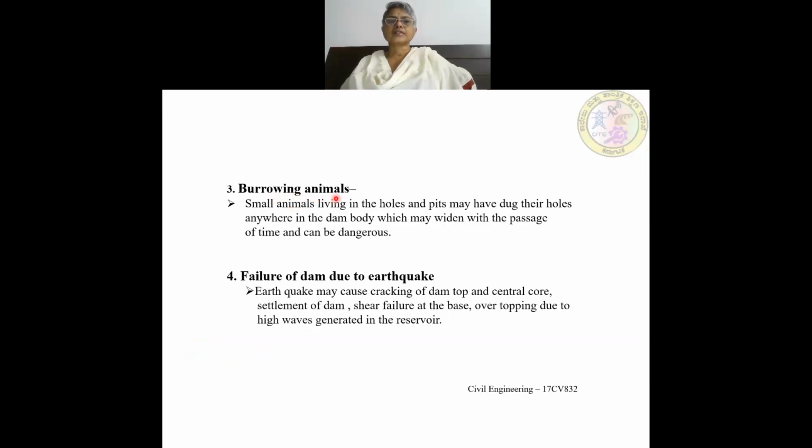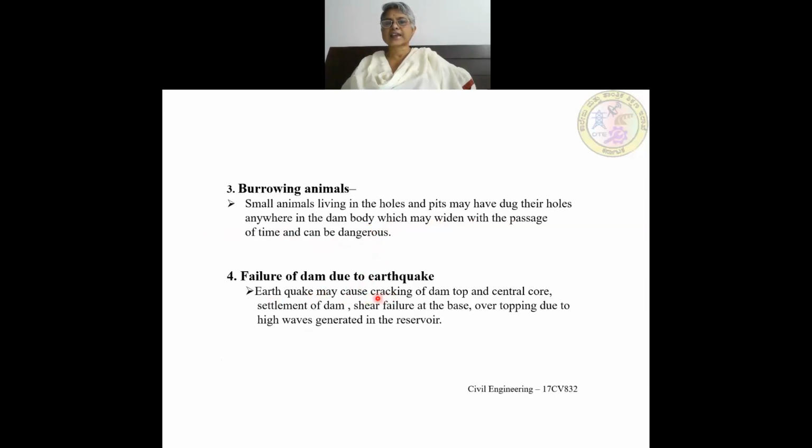Burrowing animals. Small animals living in holes may dig their holes anywhere in the dam body, which may widen with the passage of time and can be dangerous. Due to earthquake, I told you there are many causes.